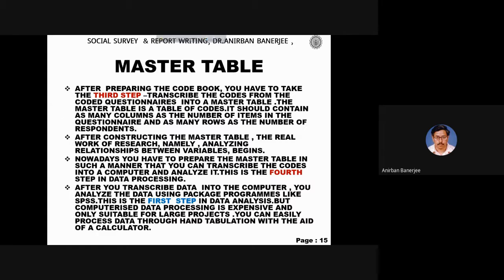After constructing the master table, the real work of research, namely analyzing relationships between variables, begins. Nowadays, you have to prepare the master table in such a manner that you can transcribe the codes into a computer and analyze it. This is the fourth step in data processing.